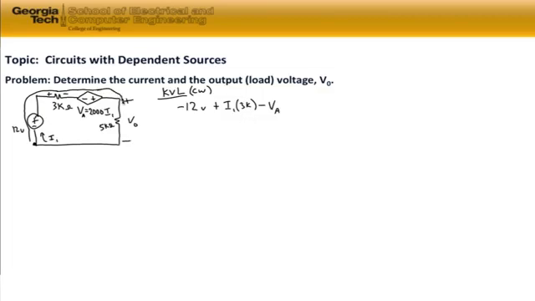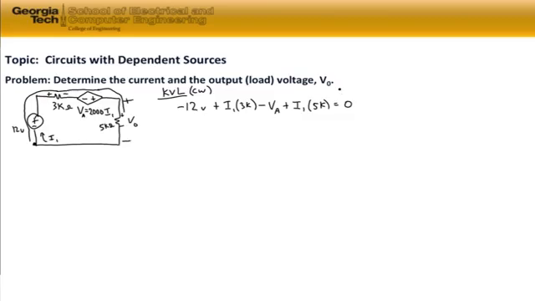We also have, using passive sign convention, a plus to minus voltage drop across the 5 kilo ohm load resistance. And so that is going to be plus I1 times 5 kilo ohms is equal to 0. So that's our loop equation using Kirchhoff's voltage law for this single loop circuit.